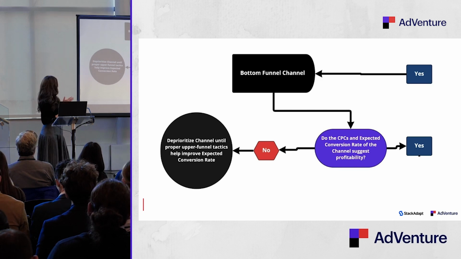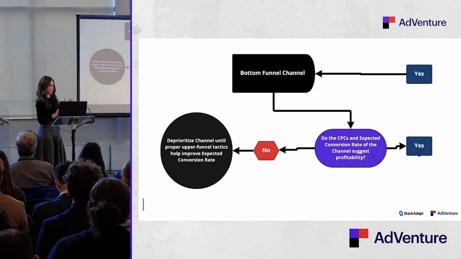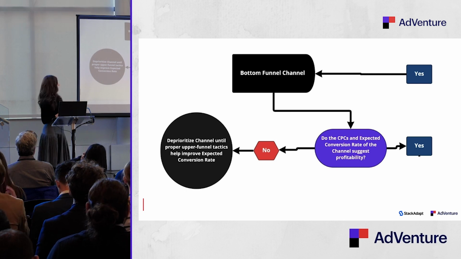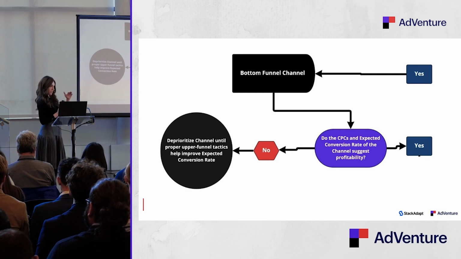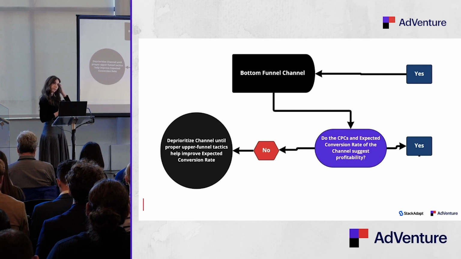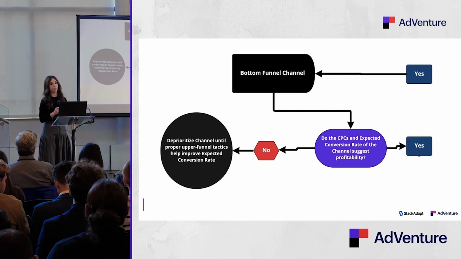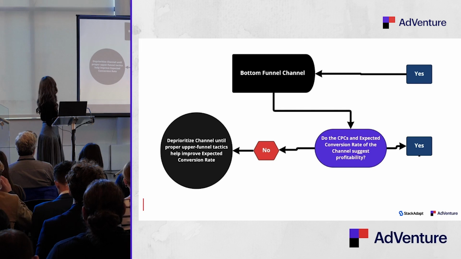I would say there's also a third one, which is the AOV, but that's going to be e-commerce specific. So to keep it more generalized, it's going to be your CPCs and your conversion rate. If conversion rate is higher and CPCs are lower, that's typically how you end up being very profitable. Different tactics within bottom of the funnel can have different projected conversion rates as well as different CPCs.